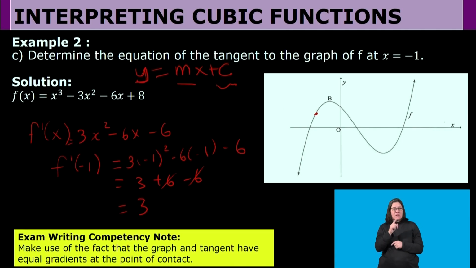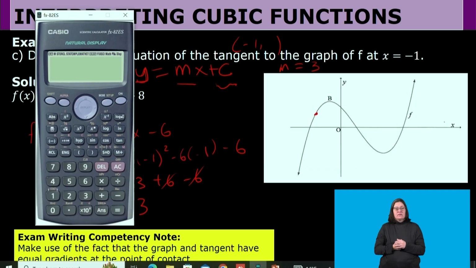I need to work out the y-intercept, but to do that, I also need to work out what the function value is at the point minus 1. So we've got m is equal to 3. To find the coordinates, we take the minus 1 and we substitute it back into our equation. Let's quickly do this on our calculator.